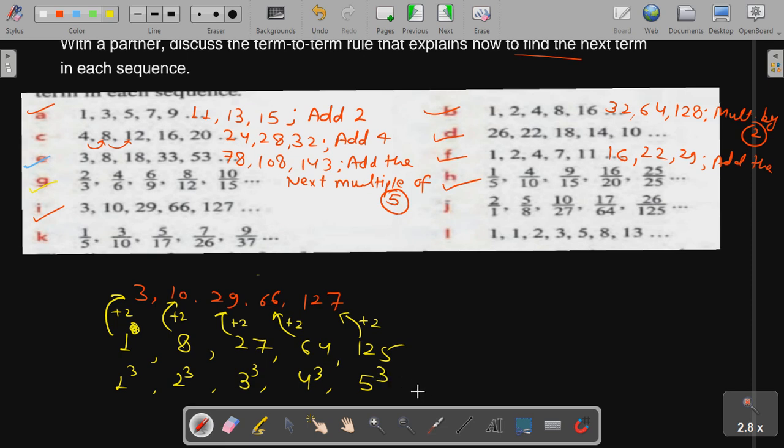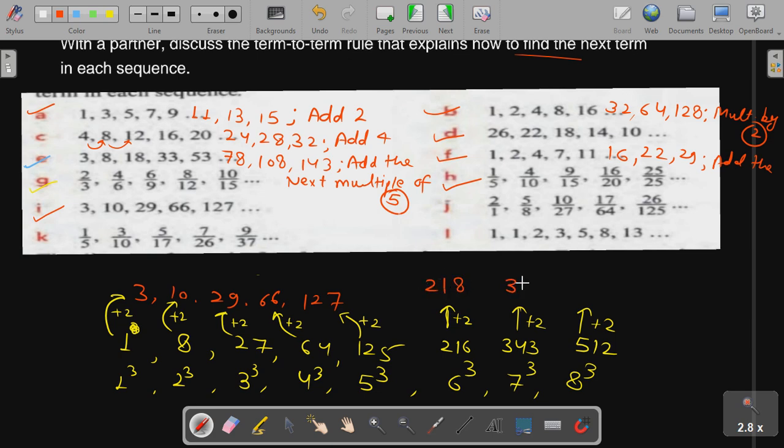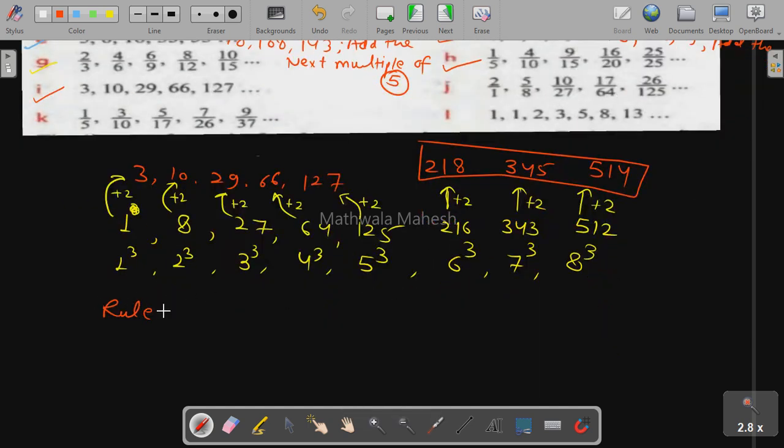So this is 2 cube, this is 3 cube, this is 4 cube, this is 5 cube. Next terms are 6 cube, 7 cube, 8 cube. What is 6 cube? Adding 2, the next terms are 218, 345, and 514.